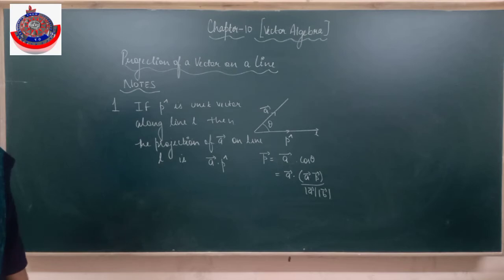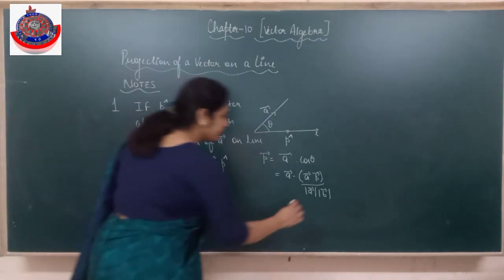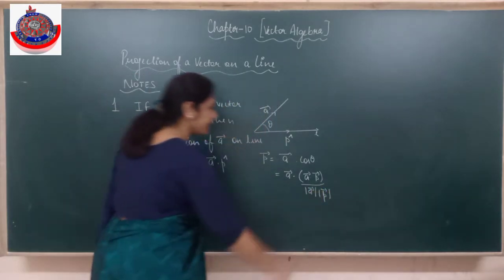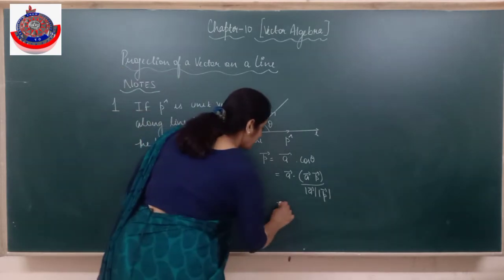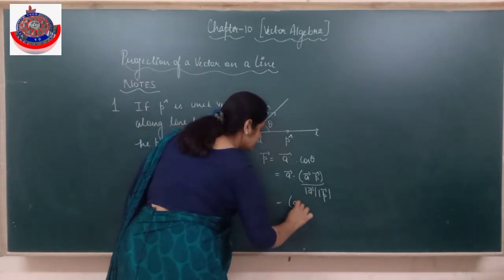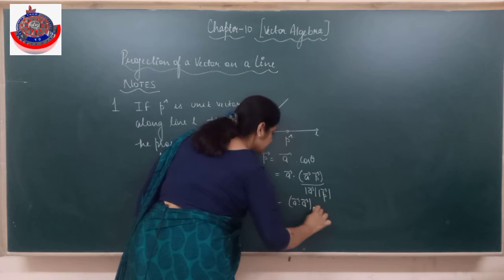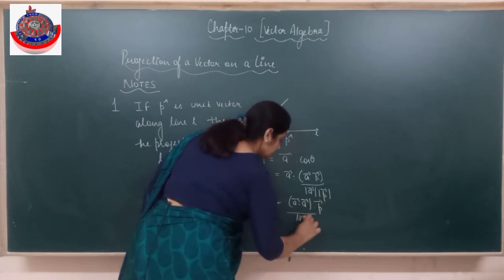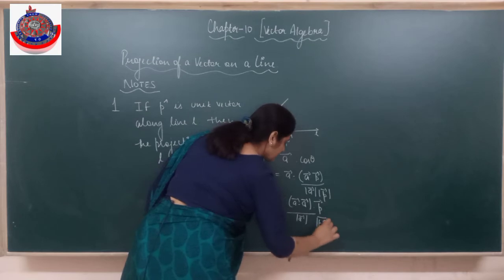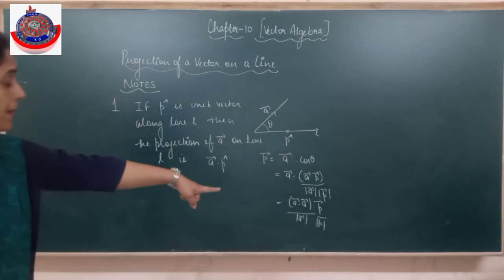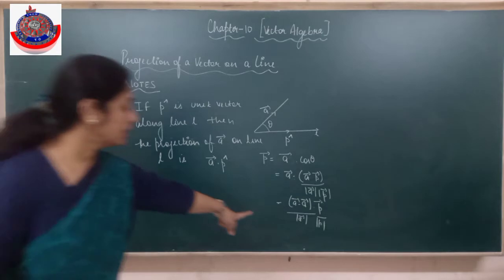Suppose I have this. Clear? Instead of B it's P. I know that I can take a dot product. What has this become?